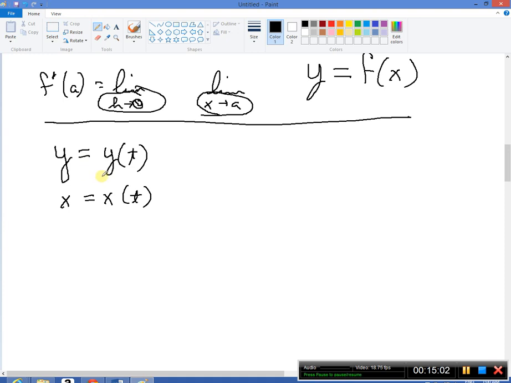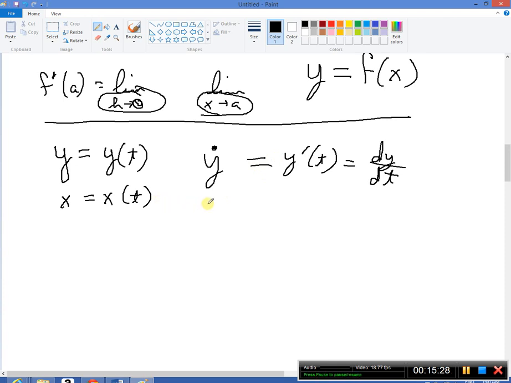But most often, you'll see physics people or engineering people talk about something called y dot. And this is assumed to be the time derivative of y. So sometimes you might think of this as y prime of t, or dy dt, the derivative of y with respect to time. So all of these would be the same thing.